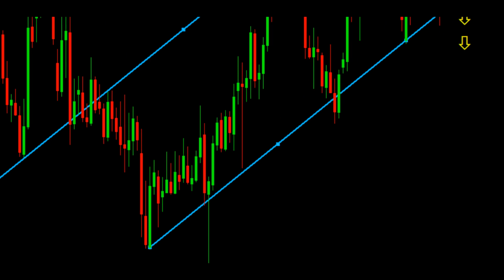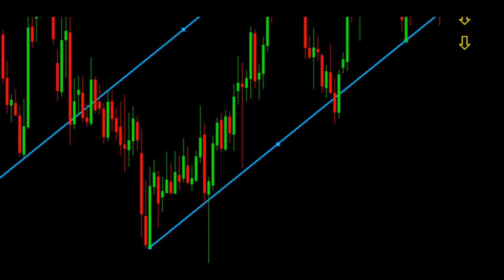So if we had waited for the next candle to close after this red, huge doji-like candle, you'd have waited for this candle to close, and then you continue your journey up. Now, if the next candle was a huge candle, perhaps you would have waited to enter the trade somewhere around here.